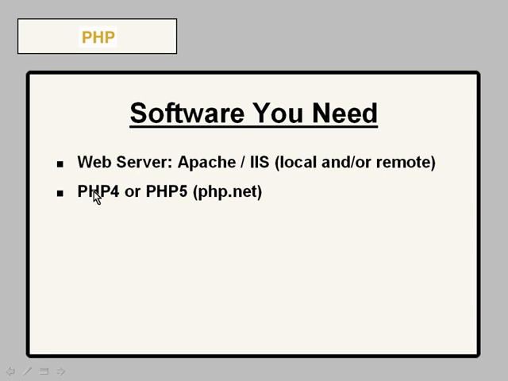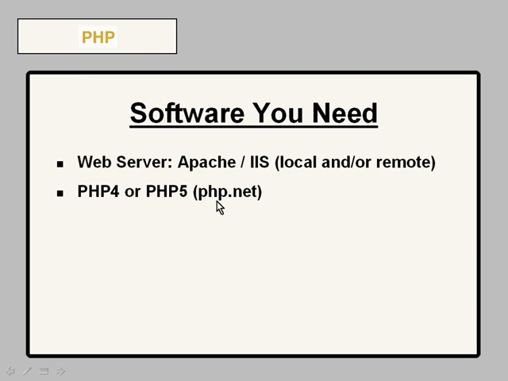PHP 4 is really the standard. PHP 5 isn't really considered a stable production, mission-critical type thing, and a lot of hosting companies are still centering on PHP 4. They're waiting for certain things to be taken care of, so you have to check with your hosting provider to see if PHP 5 is going to be supported. We will be covering code that is compatible with PHP 4 and PHP 5.